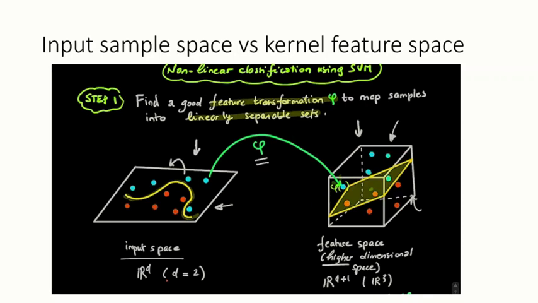There's a name for this. This is called the kernel feature space. You have the original space of your data, the input space. But after you put all the points through the kernel function, you project your data into this kernel feature space.